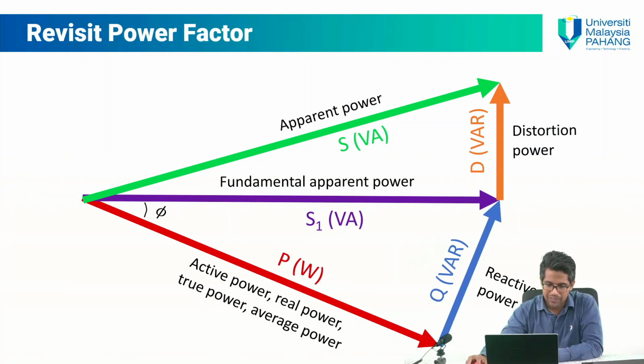Remember, this distortion power D comes from the voltage times the harmonics current, and the apparent power S now consists of fundamental apparent power and distortion power.